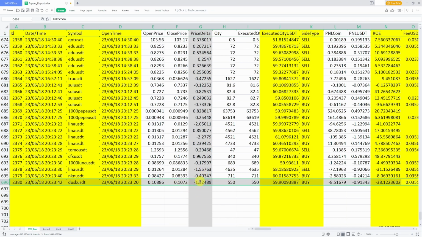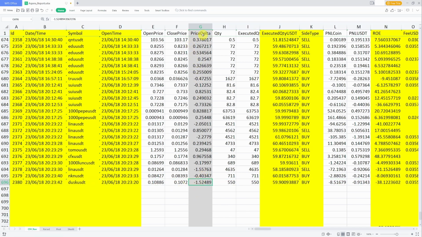The closest I could find is this number here, price delta, which we've already talked about, but it's not exactly the same. It's minus 1.52 instead of 1.58. And the 38 is right here. So I wanted to get to the bottom of this, figure out why these two things are called ROE but the numbers are different, and how exactly they are calculated.